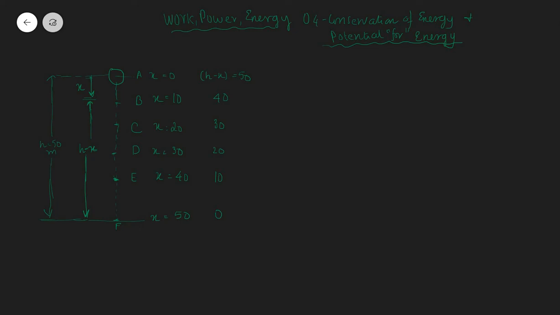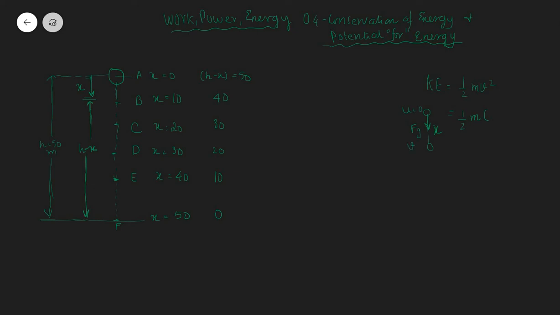Now, what is the kinetic energy at each of these points? The kinetic energy at any point is given by half m v squared. As the ball falls a distance x due to the gravitational force, u is 0 initially and v is v.